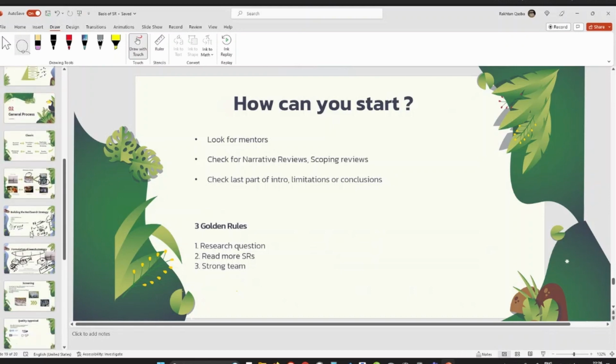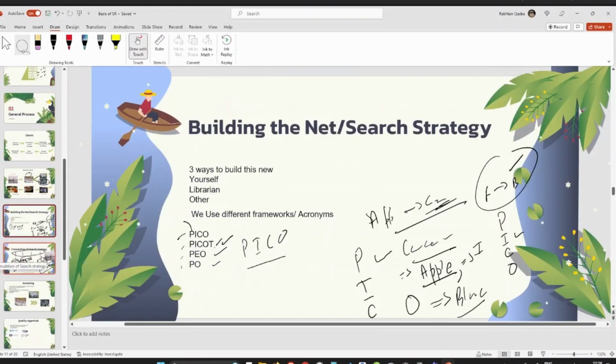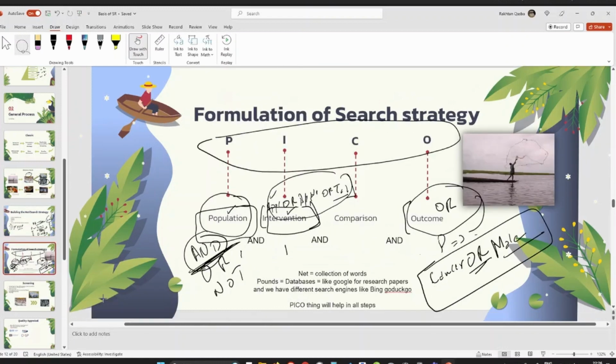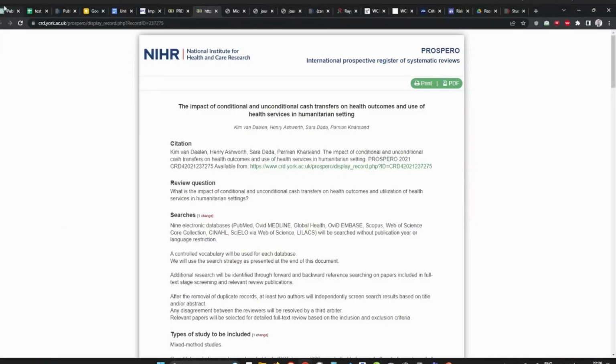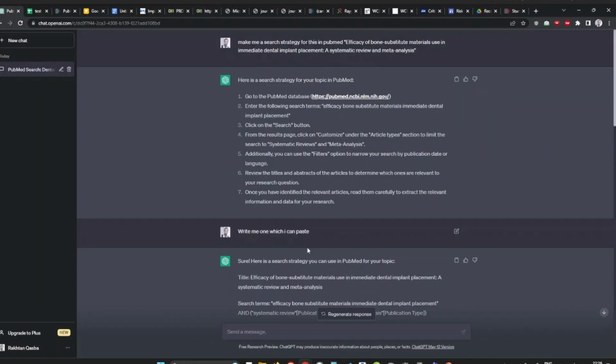Search strategy. You don't have to go through all this mess in the search strategy thing. I was talking about here, for example, the third part. What I can do, I can go to ChatGPT. For example, I put this particular thing in for this paper.